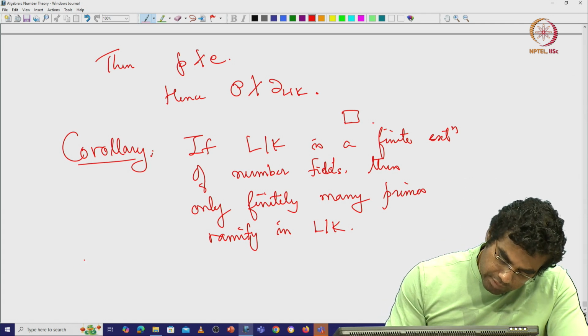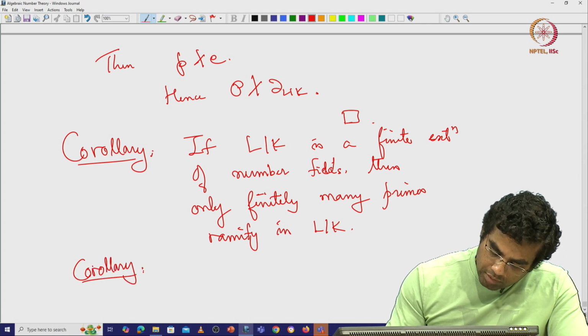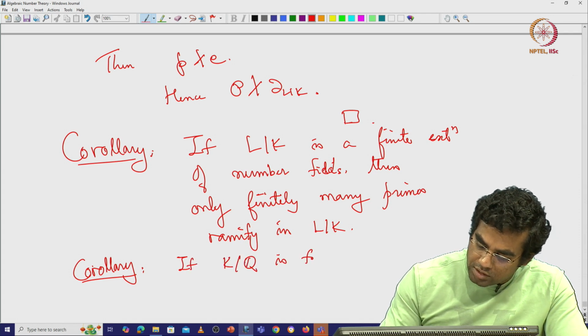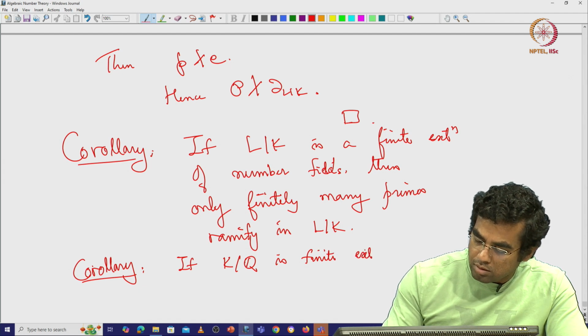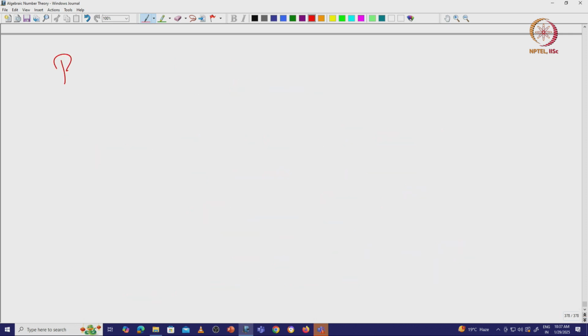That is a very nice result, but here is another one which is special to Q. If K over Q is a finite extension and K is not equal to Q, then at least one prime of Q ramifies in K. And why is that? Here is a proof of this.